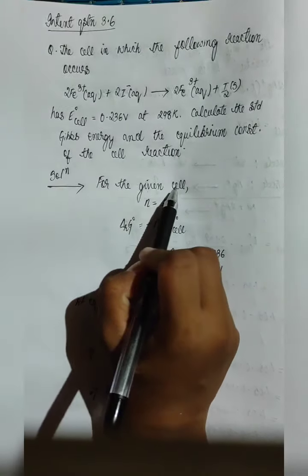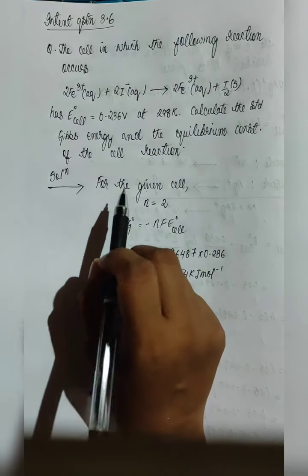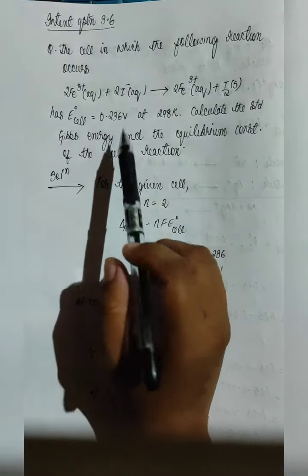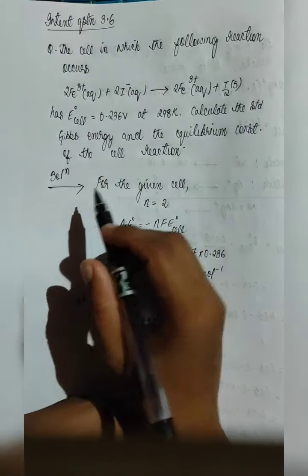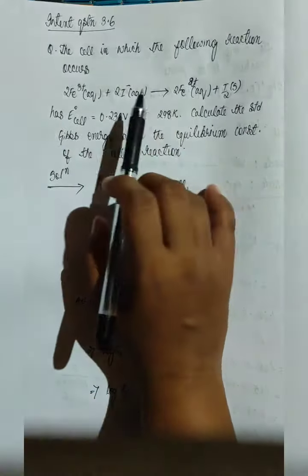So for the given reaction, we have to know how many electrons have taken part in the reaction. But here, how will you know how many electrons have taken part in the reaction? We will see the least number of charge.